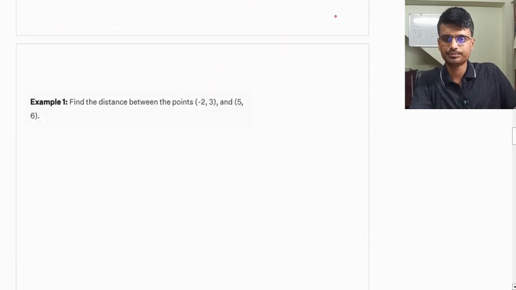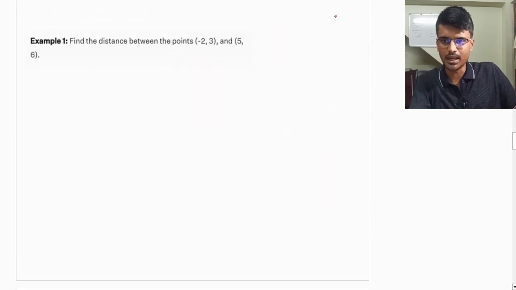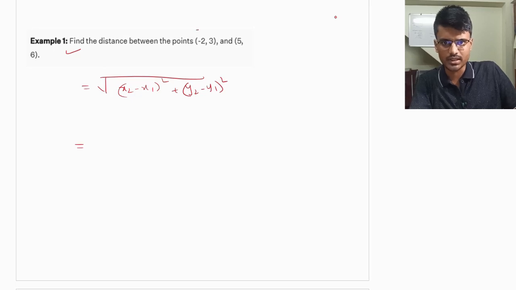Okay. So this is a simple example that we'll be solving: how to use that formula. I'll just write that formula again: x2 minus x1 whole square plus y2 minus y1 whole square. I'll write down x1, y1, x2, y2.